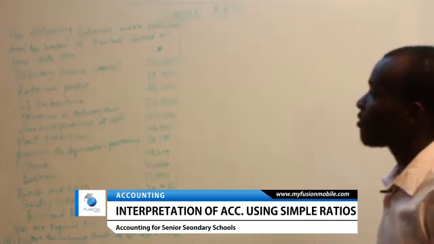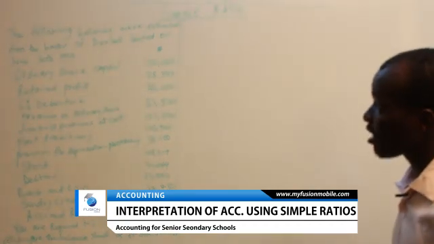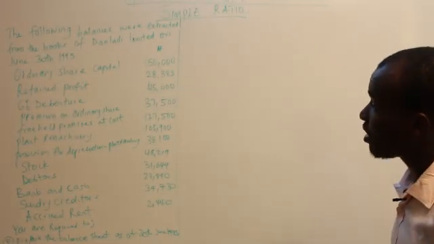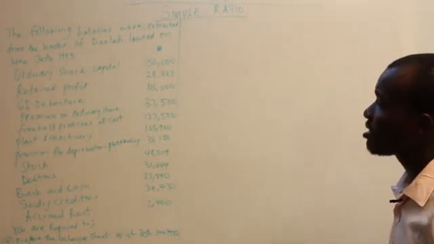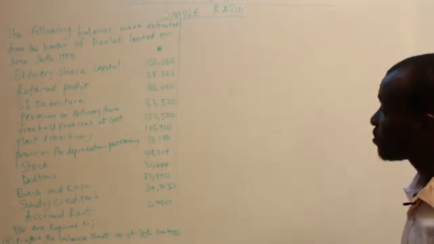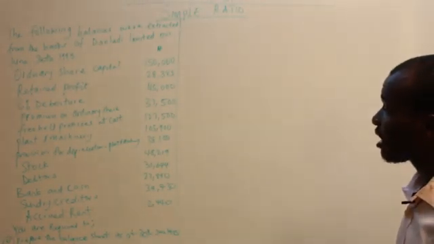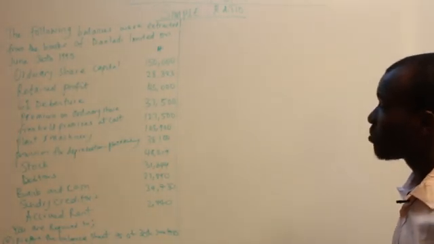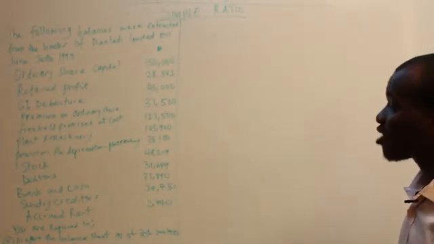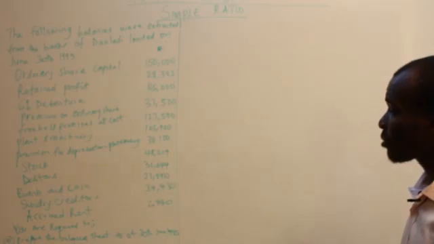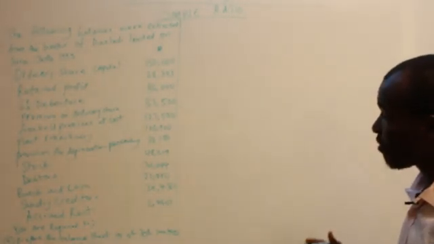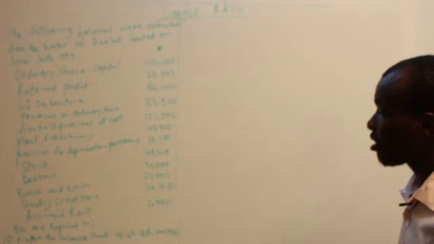Ordinary share capital 150,000 naira, retained profits 28,383, 6% debentures 45,000 naira, premium on ordinary shares 37,500, freehold premises at cost 127,500, plant and machinery 105,900, provision for depreciation of plant and machinery 38,100, stock 48,219, debtors 31,644, bank and cash 22,890, sundry creditors and accrued rent.